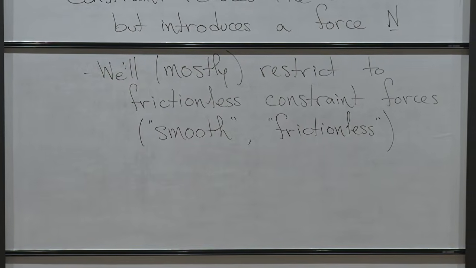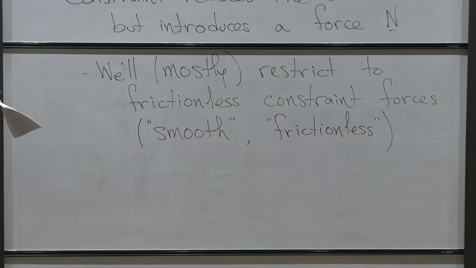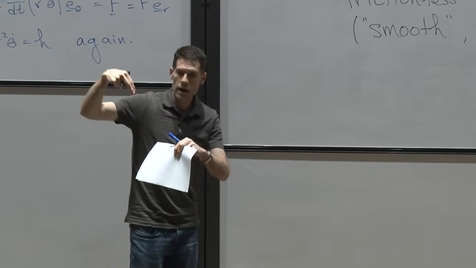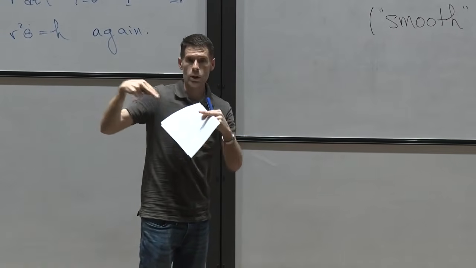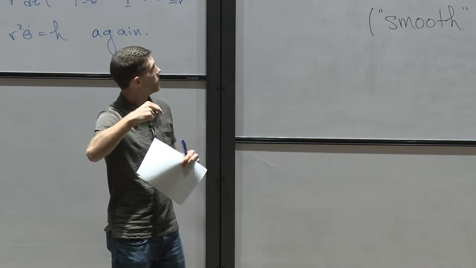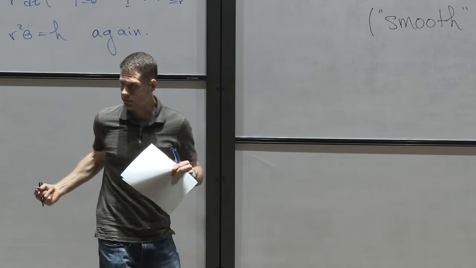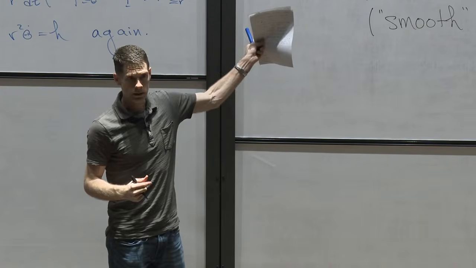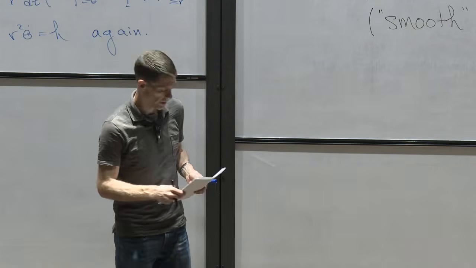So what that means is that if I think about that marble rolling around in the bowl, there's no friction, there's nothing opposing the motion, but there's still a force there. And the way to think about the force is that the ball is pushing against the surface and the surface is pushing back. That's our normal force, and it's always perpendicular to the constraint space.